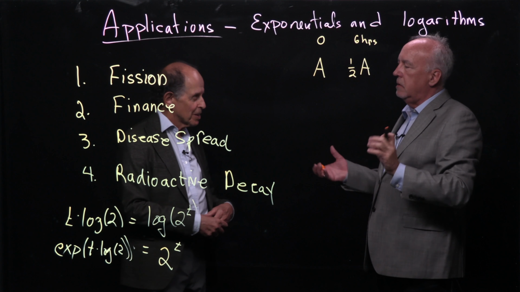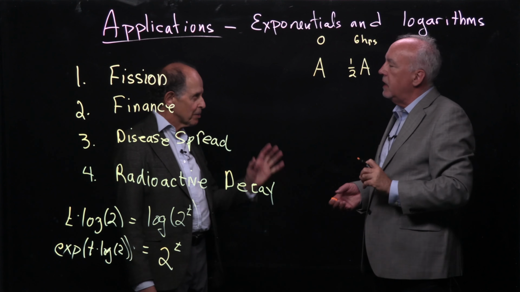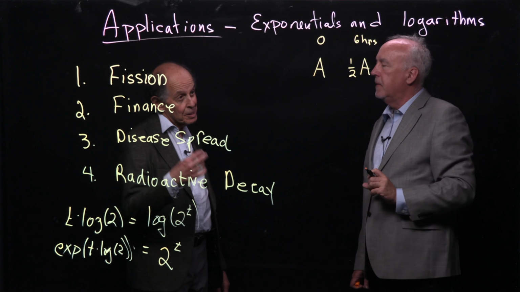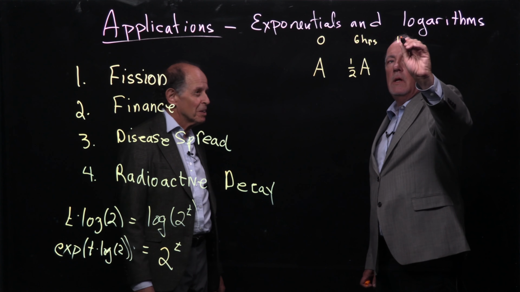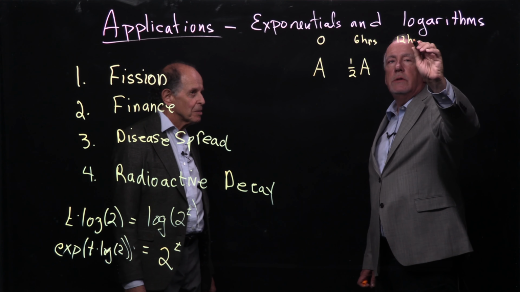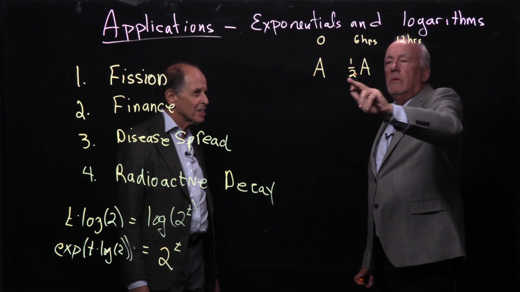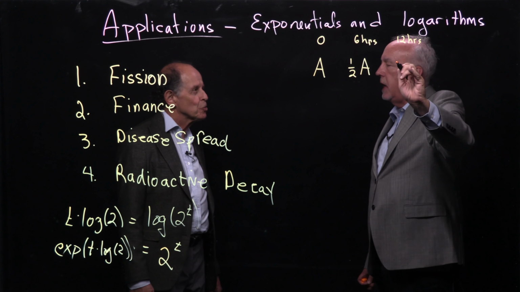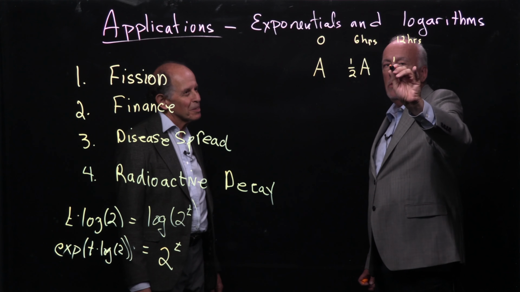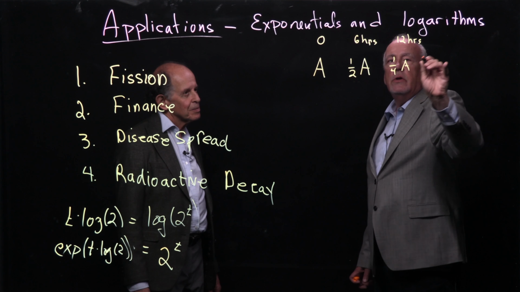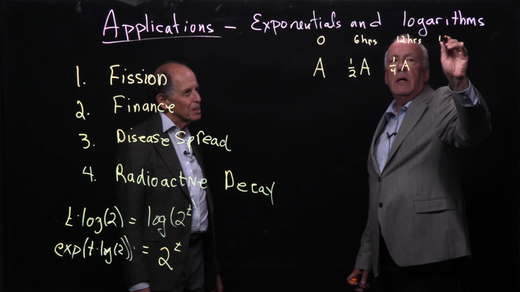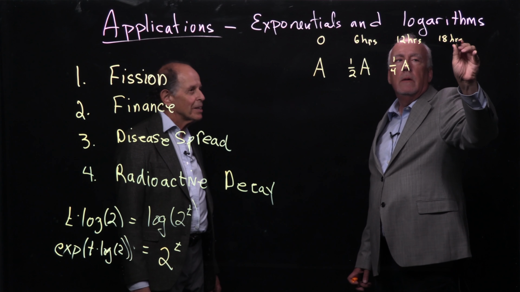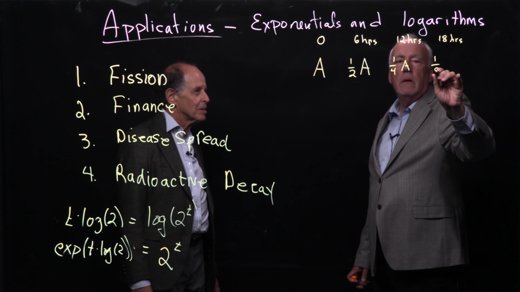It transmuted into something else and went away, basically, and actually created energy. So after 12 hours, you might think, oh, it went from a 1 to a half, it should go to 0. It doesn't go to 0. It goes to half of a half, which is a quarter. And then after 18 hours, what would it be? An eighth.